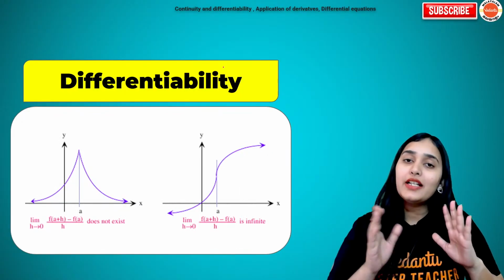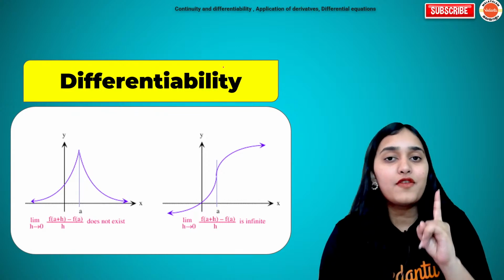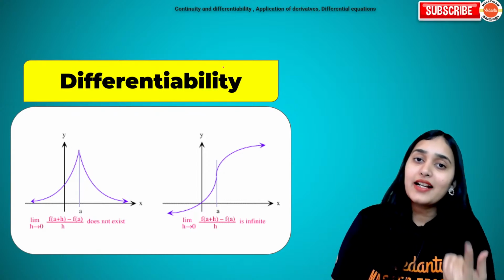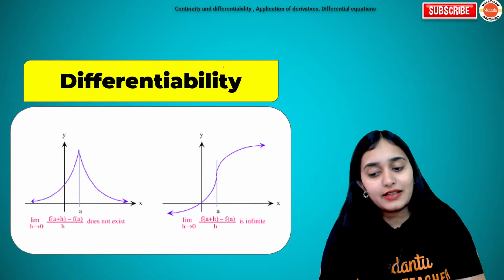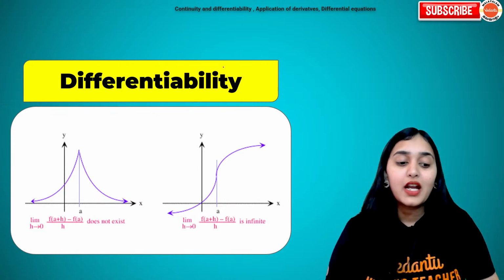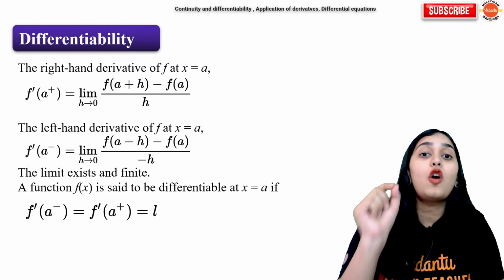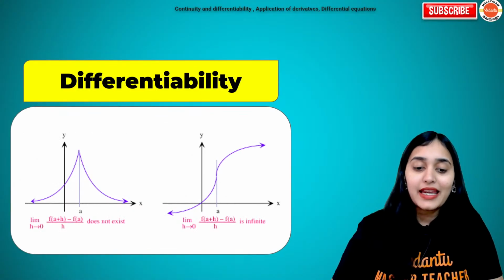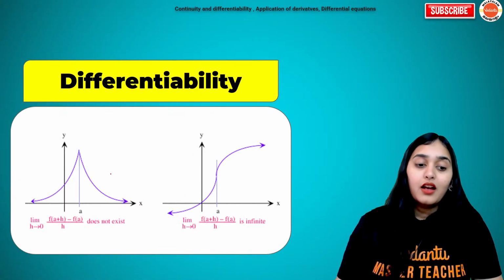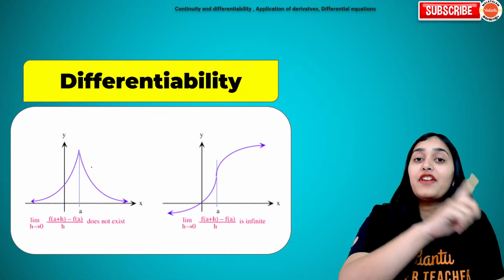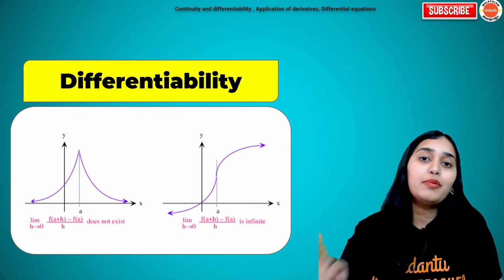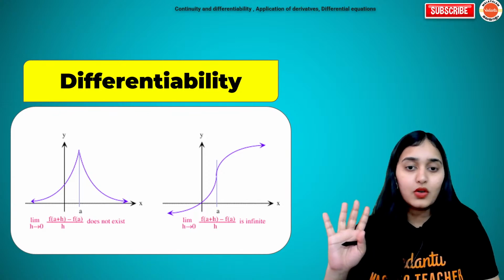Okay. So for continuity, only one type of question will be asked: it is continuous at this point or discontinuous at this point. Simple. Next is differentiability. Now differentiability, what is the concept? The concept says that if your graph is differentiable, it will be continuous.